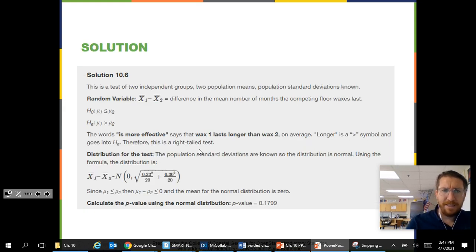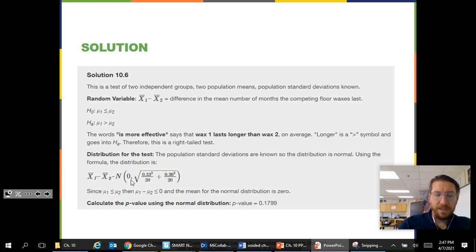To write out our hypotheses, the alternative hypothesis is what we want to prove. So that would be the average of wax 1 is greater than the average of wax 2. Then the null hypothesis is the opposite of that. So that would be wax 1 is less than or equal to wax 2. Remember, these contradict each other, and the alternative hypothesis is what we want to prove.